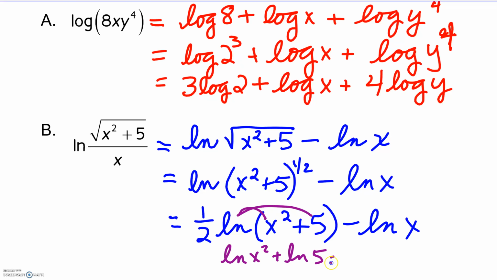By our product property, that is equal to the natural log of x squared times 5, not x squared plus 5. So this is not correct. You cannot distribute the natural log. Remember, the distributive property is used when you are taking a value and multiplying it by the sum of two values. I am not multiplying natural log by anything. Natural log is not a value.